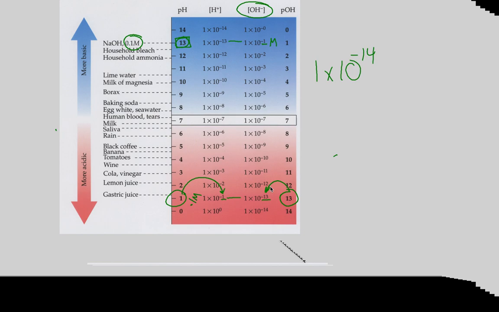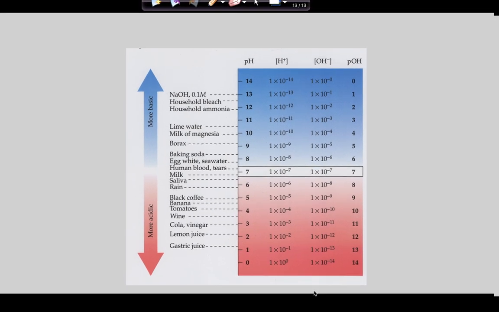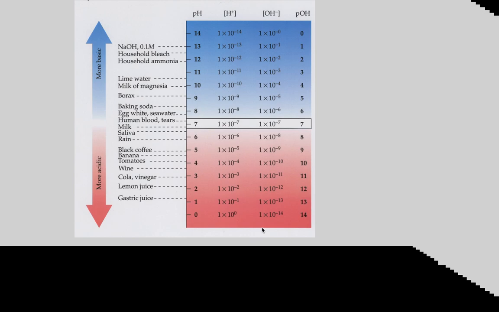So we can talk pH when we want to focus on hydrogen ion. We can also do pOH when we want to focus on hydroxide ion. Same equation, we're just looking at hydroxide. So now do you see all the interesting interactions between these two? Let me clean up my mess and check this out. And this is where we're going to wrap up today. So guys, let's do this.